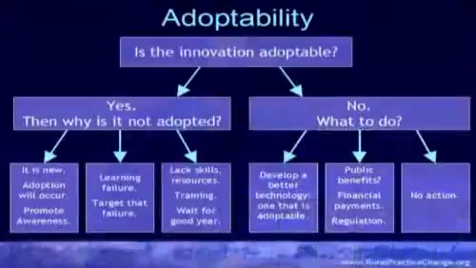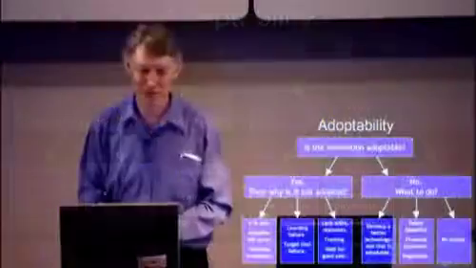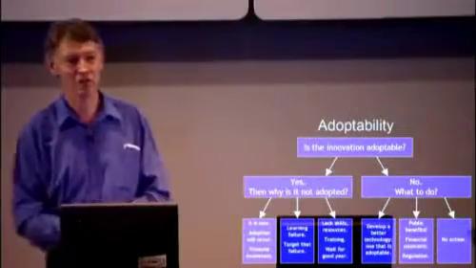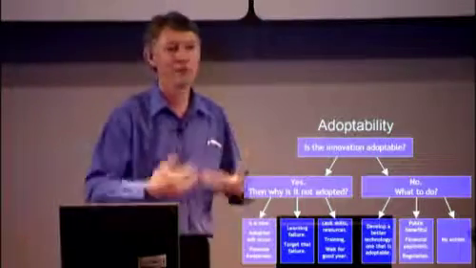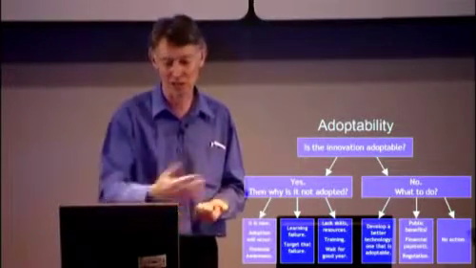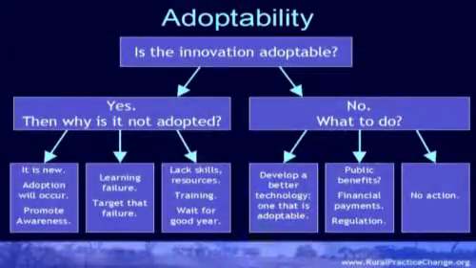So in this little framework, I asked the question, is the innovation adoptable? Yes or no? Now, of course, there's shades of grey, but to keep it simple, let's go with yes or no. So if it's not being adopted because it's new, then maybe the adoption will occur at some future time, and the appropriate sort of policy response or extension response in this case is simply to promote awareness. Maybe that's all you need to do. Or is the reason it's not being adopted a learning failure?